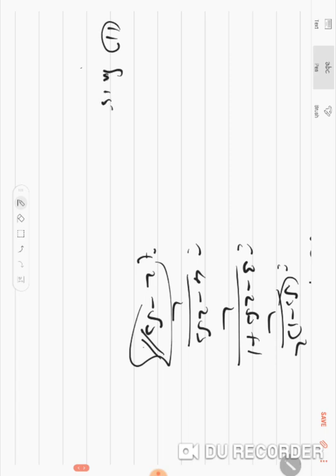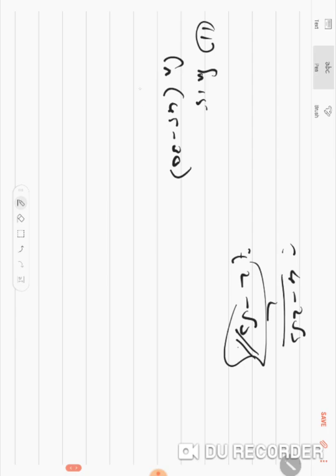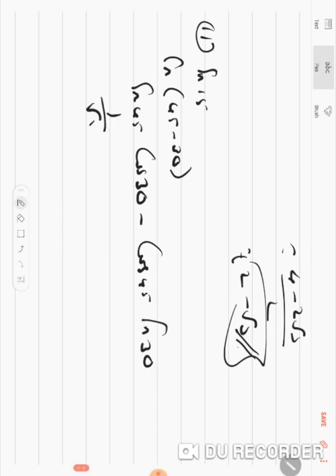Sin 15 is sin 45 minus 30, which is sin A minus B, sin A cos B minus cos A sin B. Sin 45 is 1 by root 2, cos 30 is root 3 by 2, cos 45 is 1 by root 2, sin 30 is 1 by 2.